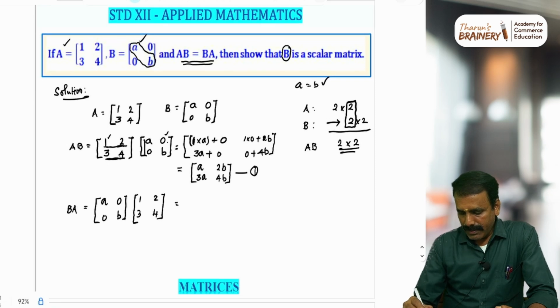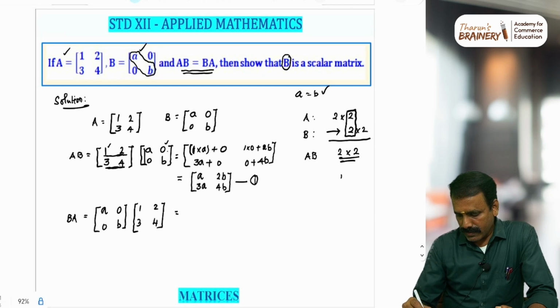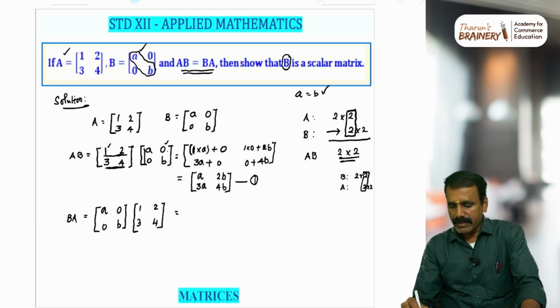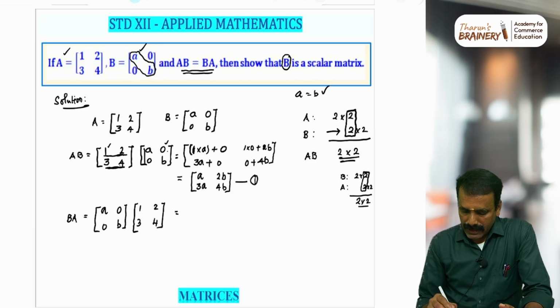So the B matrix is of order 2 by 2. The A matrix is also of order 2 by 2. Here again the number of columns in the first matrix is equal to the number of rows in the second matrix, so the product is possible. The resultant is also going to be 2 by 2.